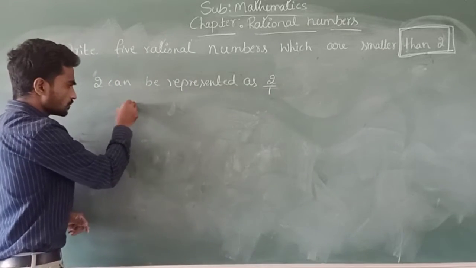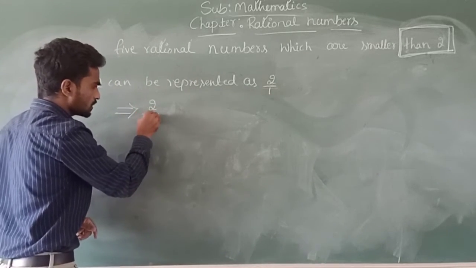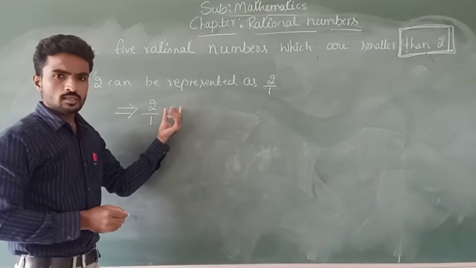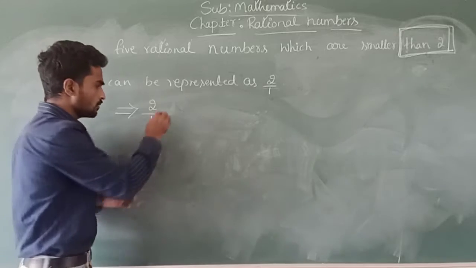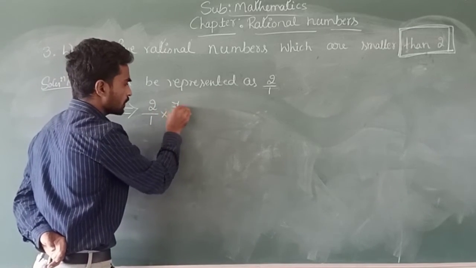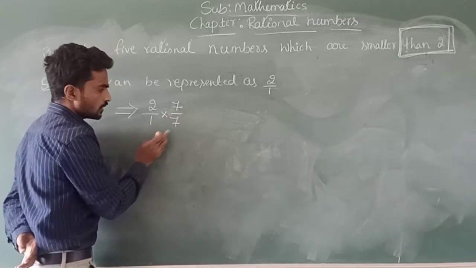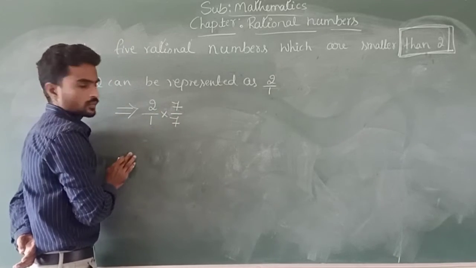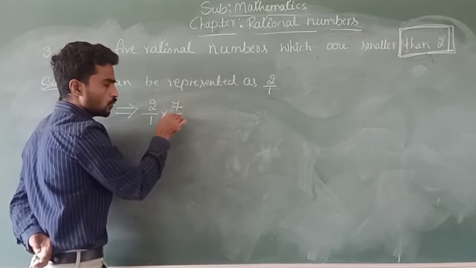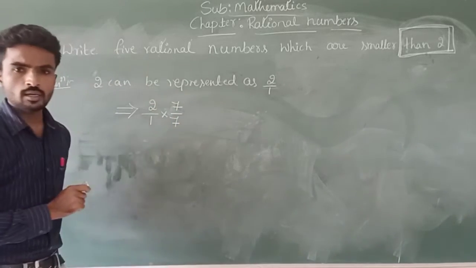Then take that number as it is, 2 by 1, and multiply and divide it by the same number. I will multiply and divide by 7. Here 7 gets cancelled, again we get 2 by 1 into 1, again 2 by 1.